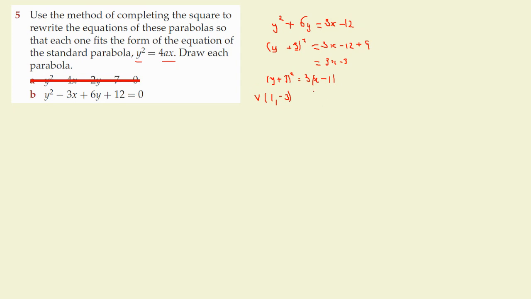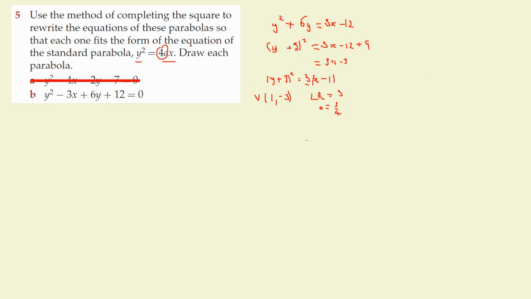I can also see, if I wanted to, that my latus rectum length is going to be 3. And actually my a value, because remember the latus rectum, the thing that goes here is 4a, 4a in front of the x. So that 4a would have been 3. A is 3/4.